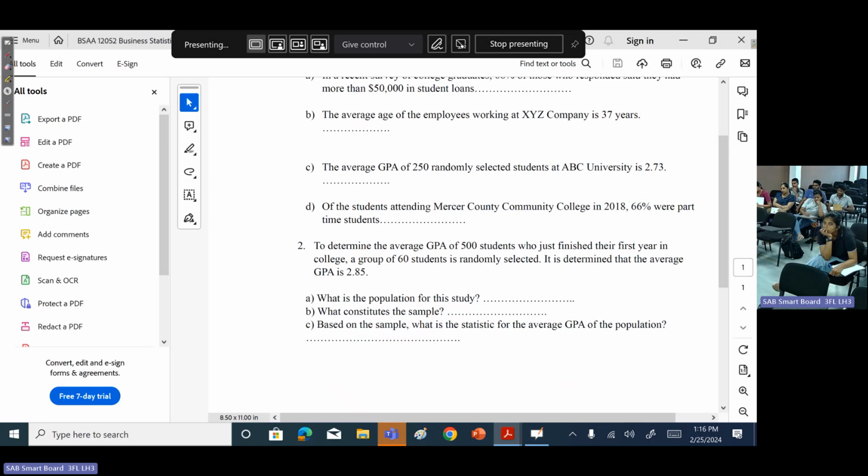It is determined that the average GPA is 2.85. Part A asks, what is the population for this study?